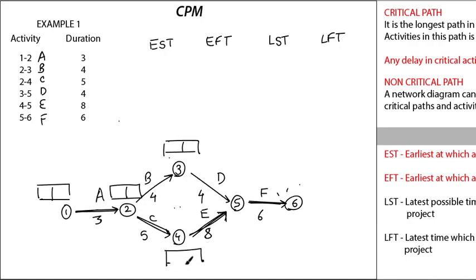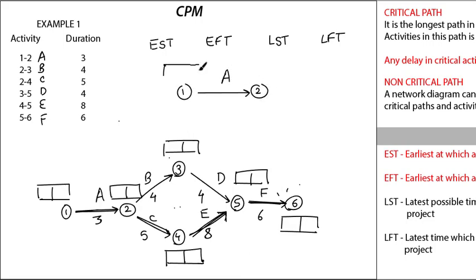This is a standard procedure for solving an AOA network. Here we have drawn 2 boxes on each node. For example, you have an event like 1 to 2 and this is A. Here you have a box for the tail event and here you have one for the head event.